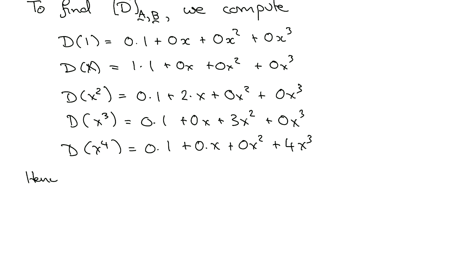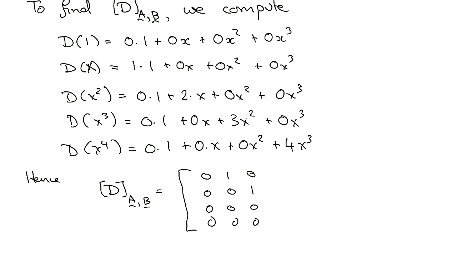Hence, the matrix of D with respect to these bases is just 1, 2, 3, 4, 1, 2, 3, 4, 1, 2, 3, 4, 1, 2, 3, 4. Oops, I needed some zeros. A 1 there, a 2 there, a 3 there, and I need one more column with a 4 there. Okay.